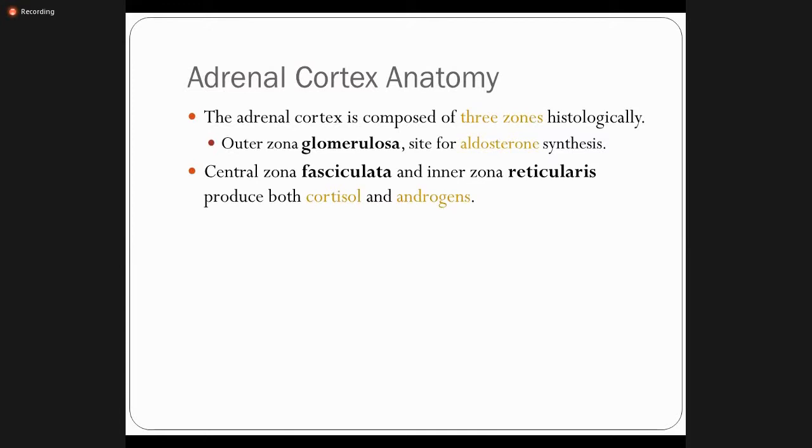I think you are well aware of aldosterone, because this secretion is responsible for controlling salt and water activity, and it is controlled by the renin-angiotensin system. The central zona fasciculata is responsible for releasing cortisol, and the inner zona reticularis is responsible for producing androgens, right?